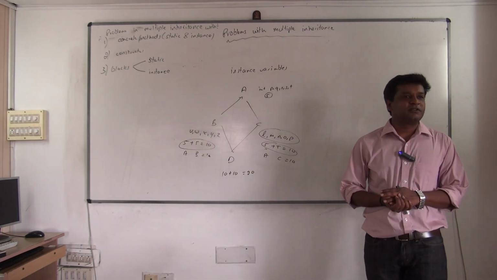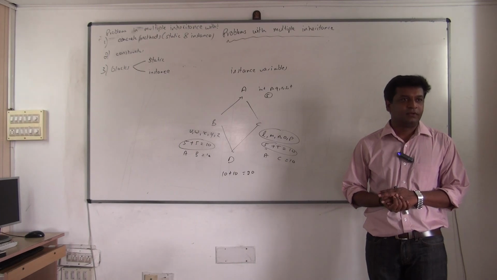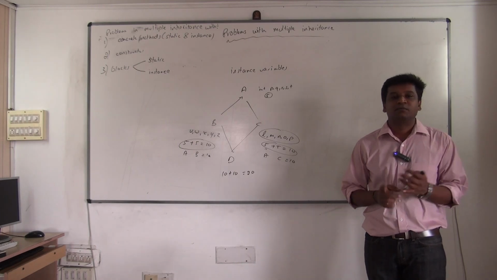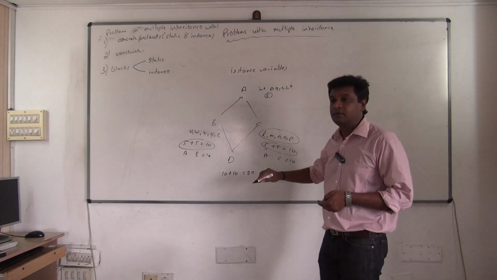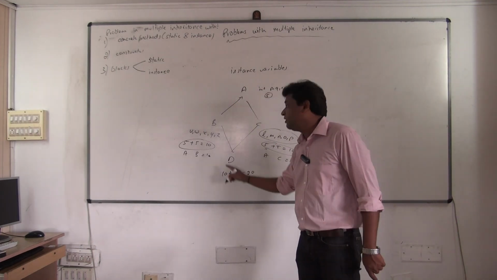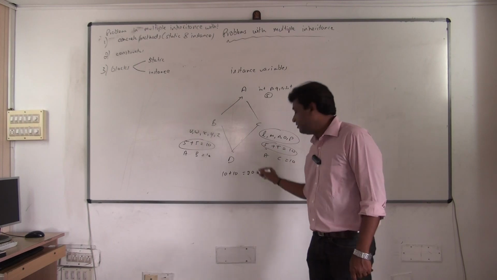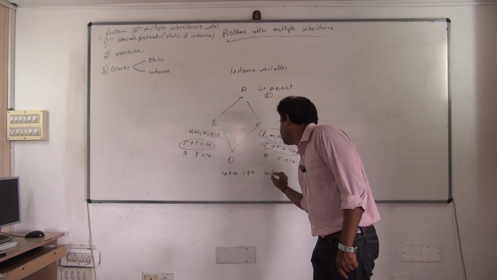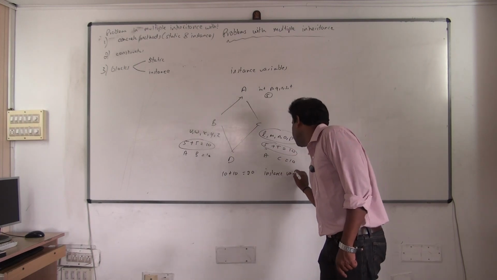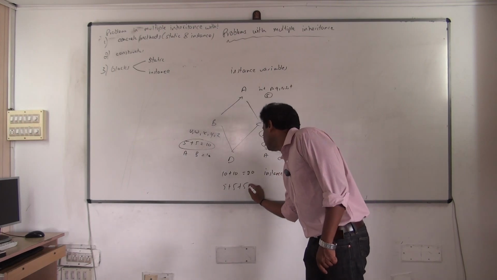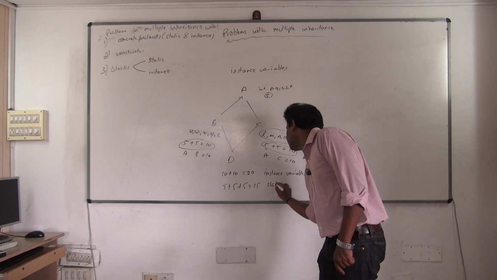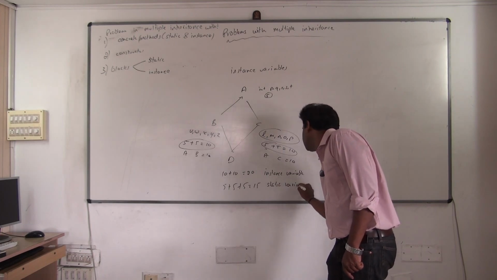Which are the two members? Public static final variables. See, if it is static, what will happen now? If they are static, D will get what? 5, 5, 5, 15 only it will get. If this is for instance variables, the same you make static, D will get 15 variables.